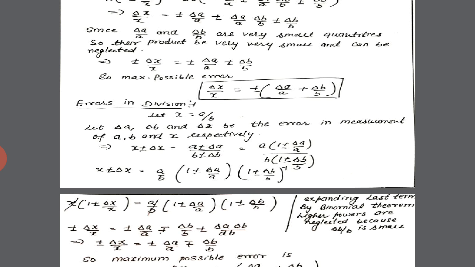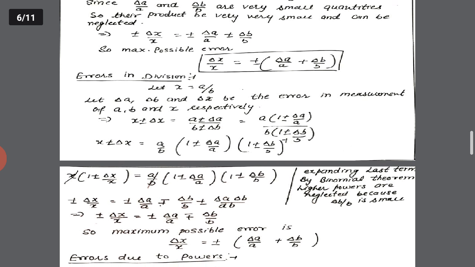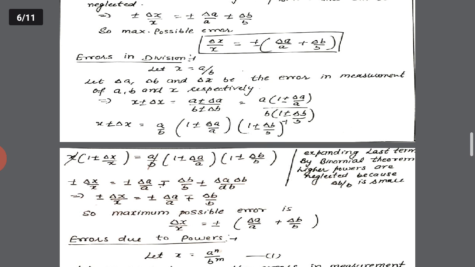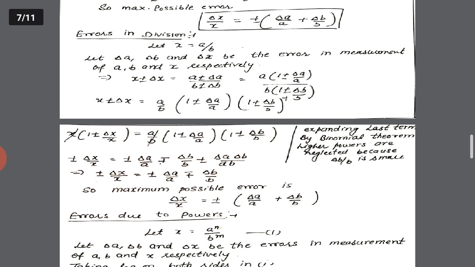So x plus minus delta x upon x is equal to a by b, 1 plus minus delta a upon a, into the inverse power of 1 plus minus delta b upon b, and ab cancels out with the x. So again you can see the final result: delta x upon x is plus minus delta a upon a plus delta b upon b.